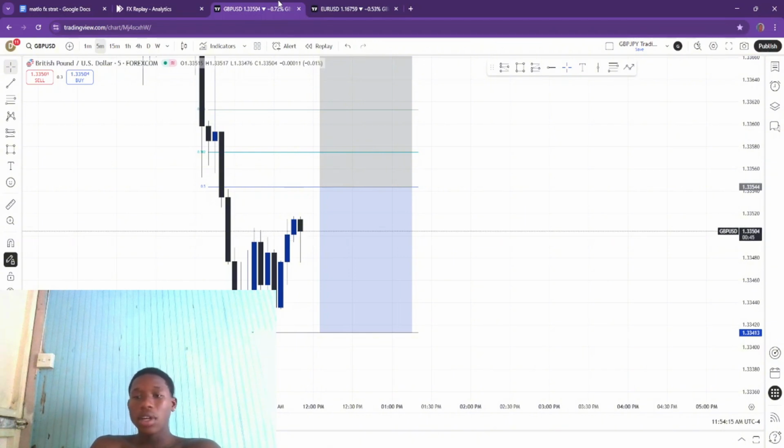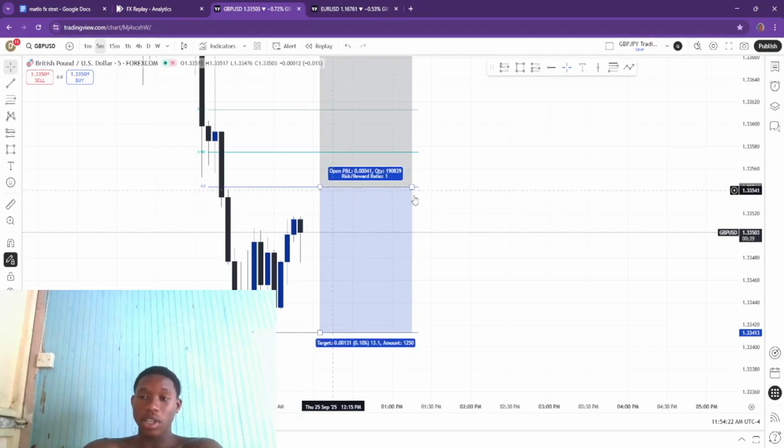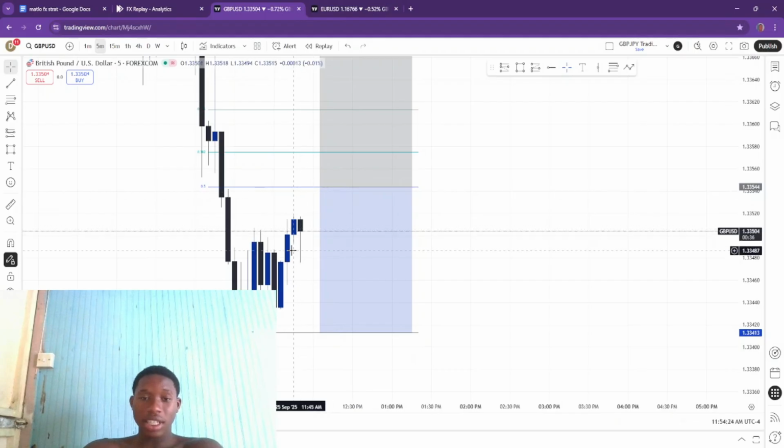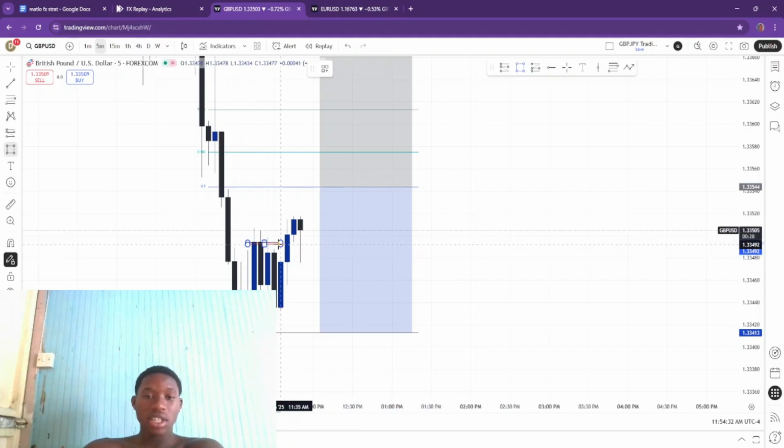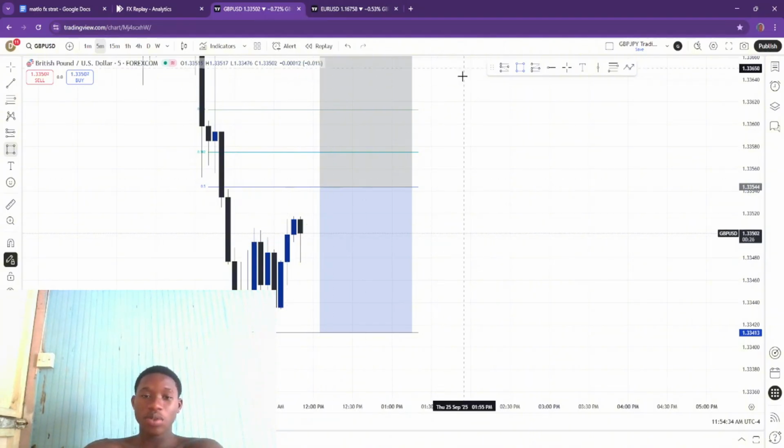Okay, that's exactly what we want to see. See that candle, that means price going to hit that. That's a nice rejection from that FVG. Yeah, price doing what it's supposed to do.